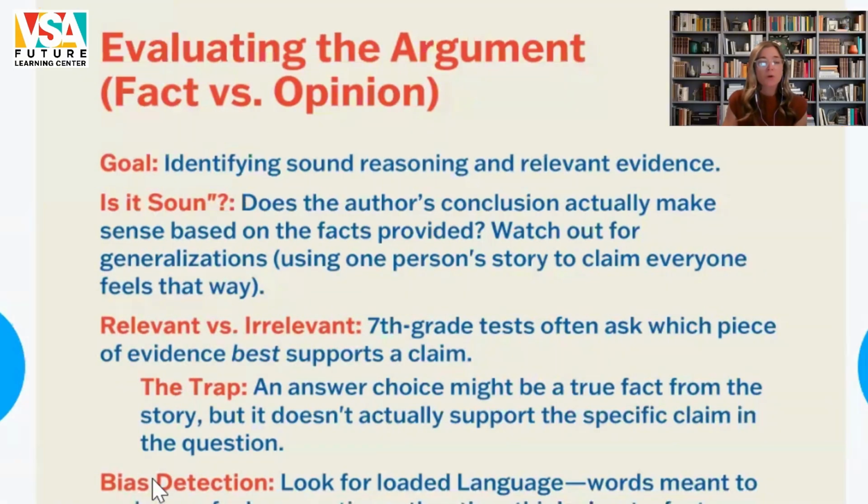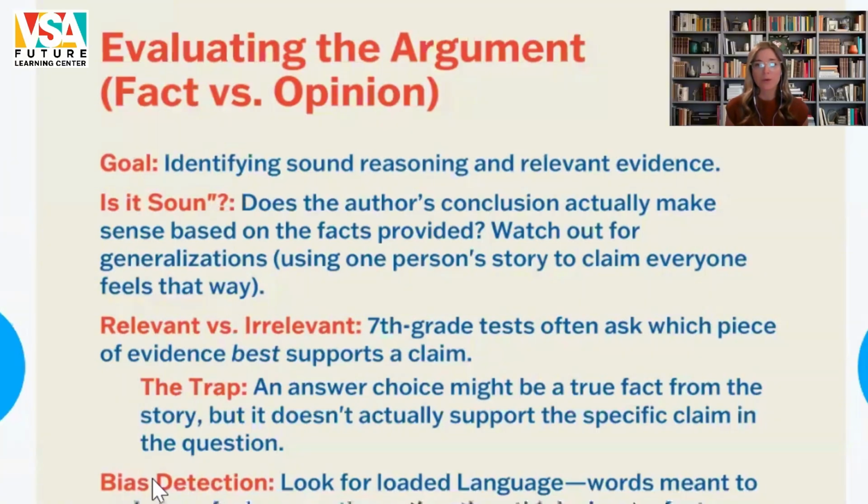So also be mindful when you're reading arguments about whether there's any bias. Everyone is familiar with bias, yes? Some head nodding? Good. So remember, a bias is something that somebody goes into already kind of feeling. They've already established their opinion. So be mindful if an author has a bias.